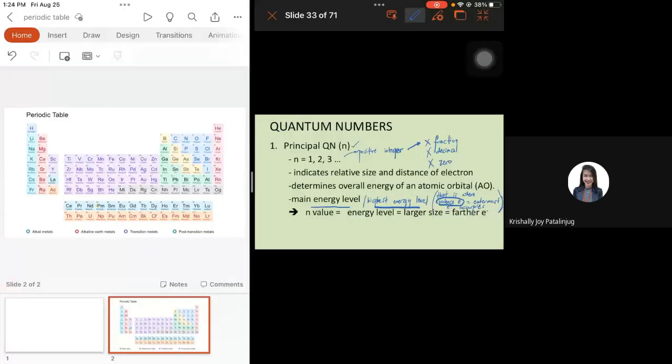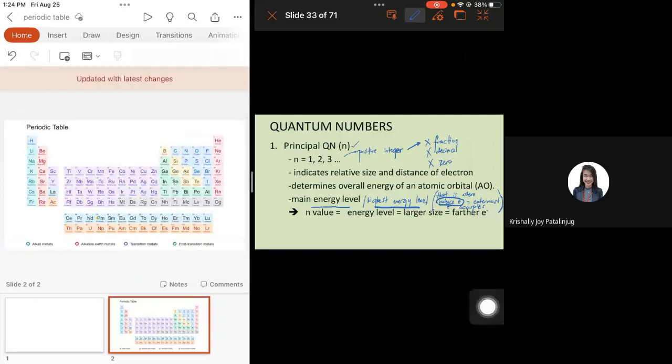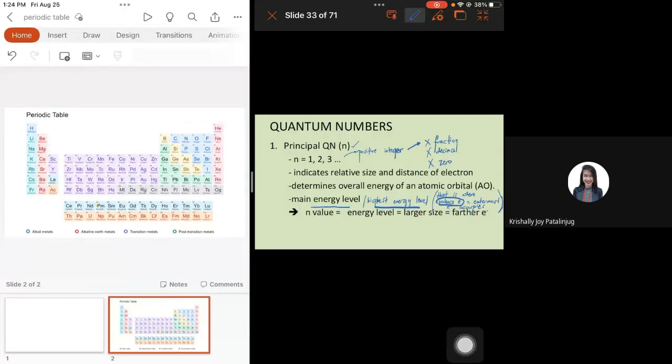So, now, in the periodic table class, for you to determine the n value of an atom, meaning the highest energy level of a particular atom, you just refer to the period number. Remember that the atoms of the elements, aside from grouping them vertically, we also have another way to group the atoms horizontally.